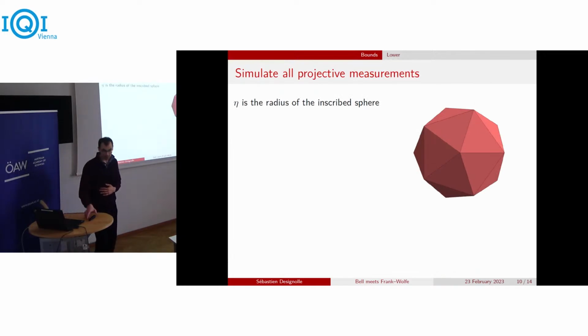And now there's a last step that, again, we did not invent. It's just Flavien's method, to go from this finite scenario to the infinite scenario. The idea is to simulate all projective measurements by means of a finite number of them, and to use nice geometric tricks for that.